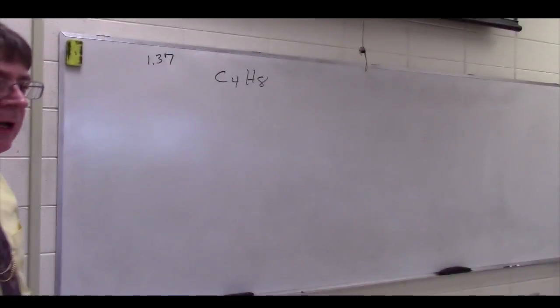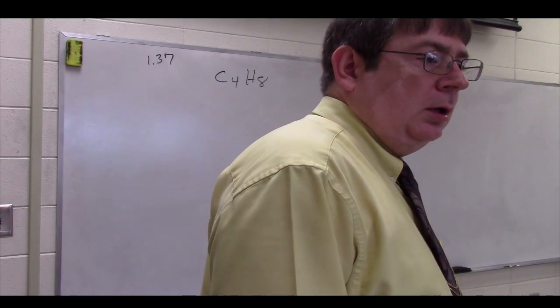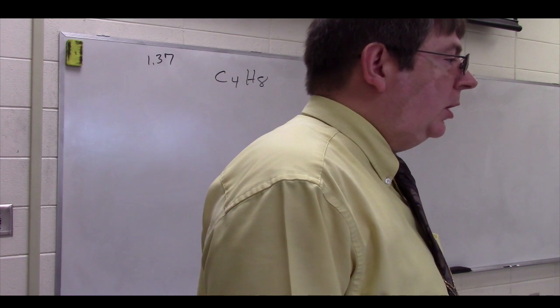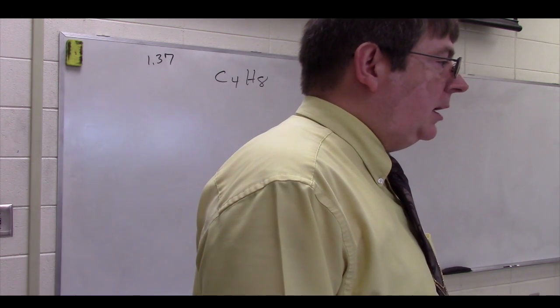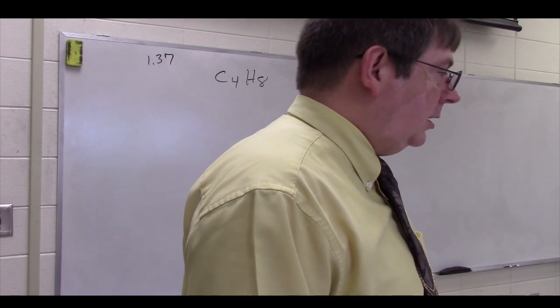What do you immediately recognize by that formula, C4H8? Alkyl. A double bond? We don't have enough hydrogens, right, to make the complete straight chain where everything's just sigma bonded, right?